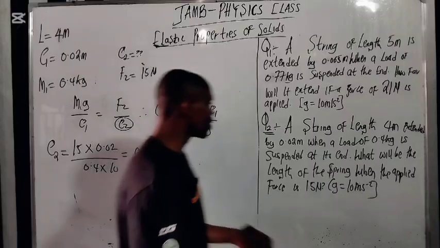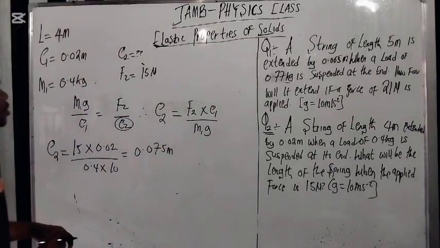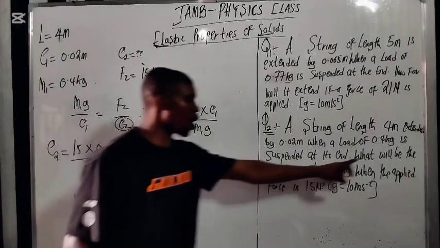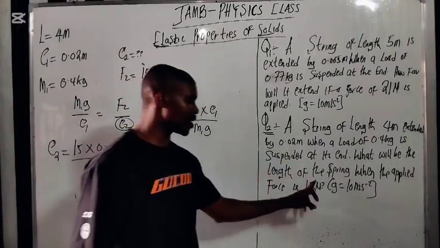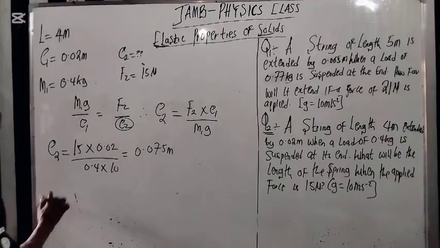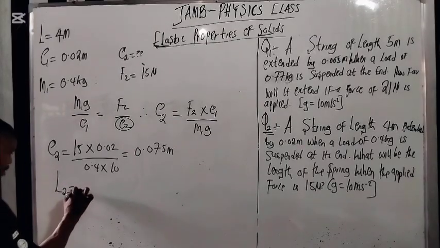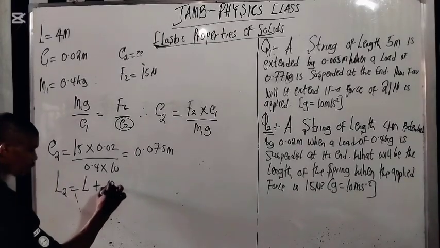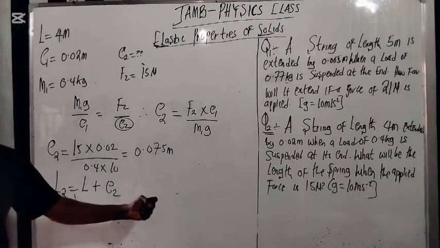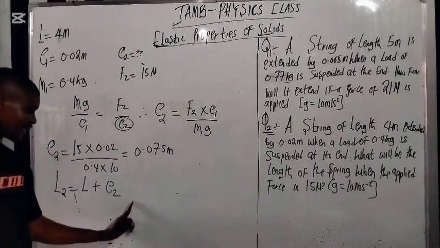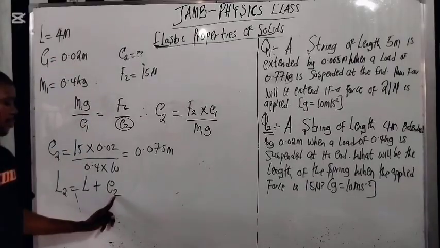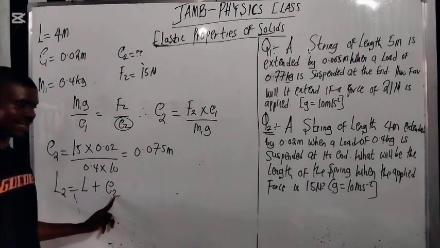But what is the new length? Because the question asks what will be the length of the spring when the force is applied. So my new length is L2, which is L plus E2. That 0.075 is the extension when the force was applied. To get the new length, you add the original length to the extension you have already calculated.